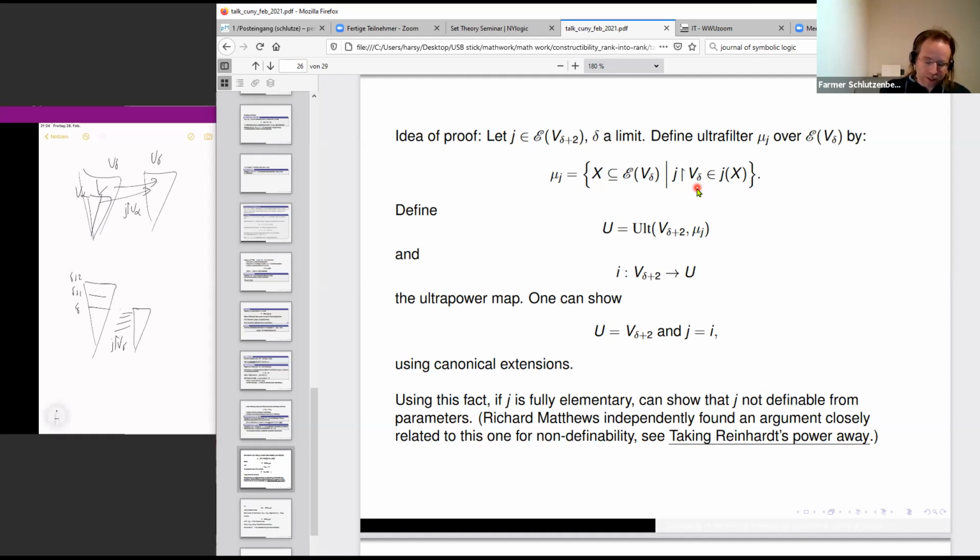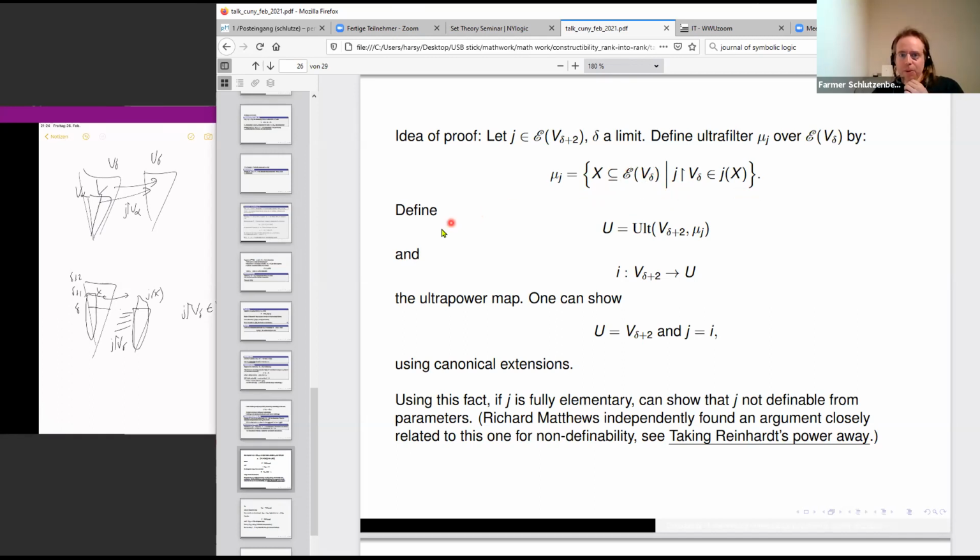This J restricted to V delta is in V delta plus 1. We're looking at subsets X of V delta plus 1, moving them across to J of X, and asking whether J restricted to V delta gets into there. That's an ultrafilter over V delta plus 1, a subset of V delta plus 1.